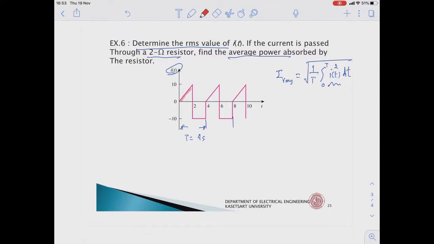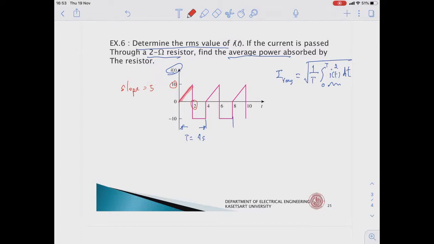So we have to come up with the i(t) function, and you can see that for i(t), this one is a straight line, and the slope is equal to 10 divided by 2, so it equals 5.